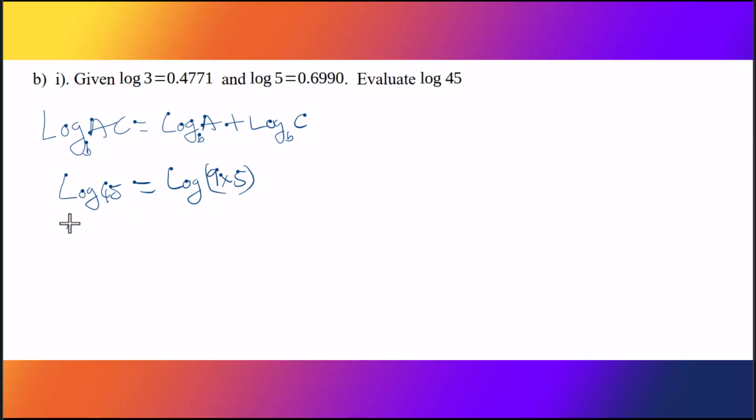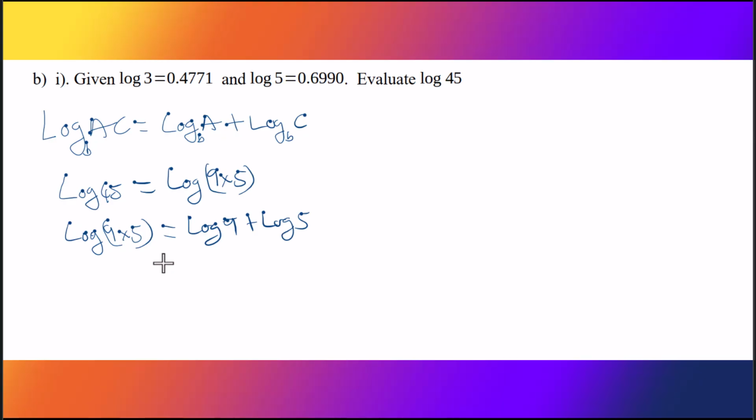So by the end of the day, we are going to have log of 9 times 5 equals log 9 plus log 5.